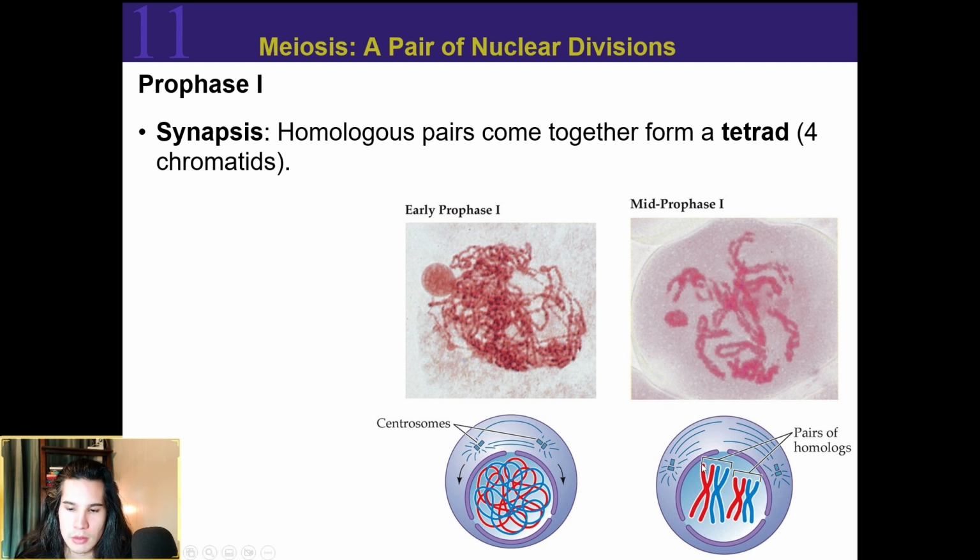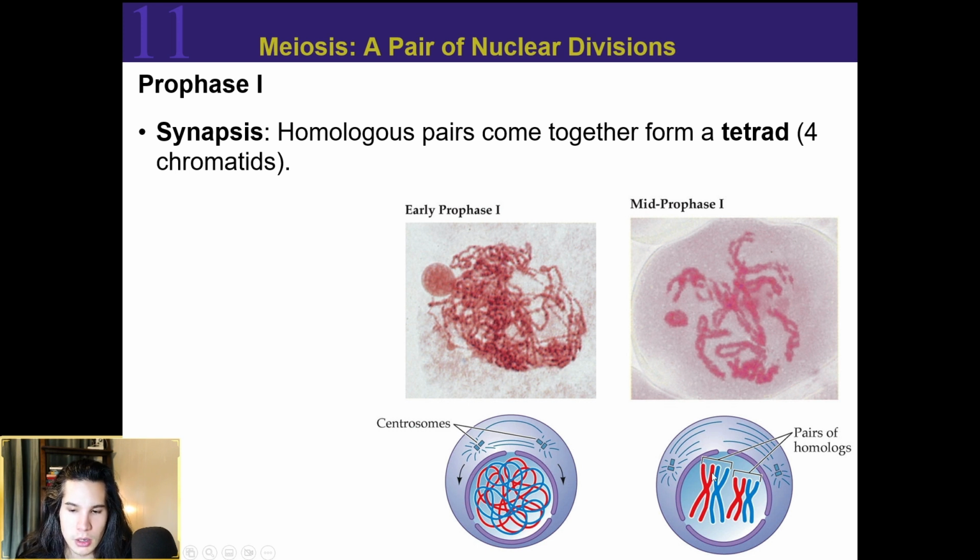In this case, you have your maternal chromosome number 1 pairing with your paternal chromosome number 1, and your maternal chromosome number 2 pairing up with your paternal chromosome number 2. This would form tetrads. Tetra means 4, and if you look at these chromosomes, they're bilobed.